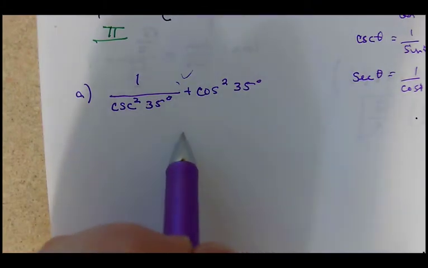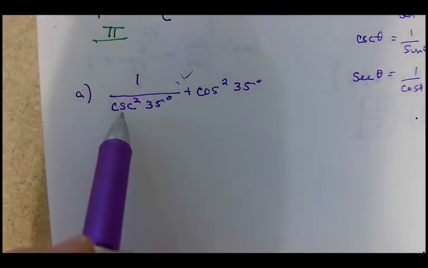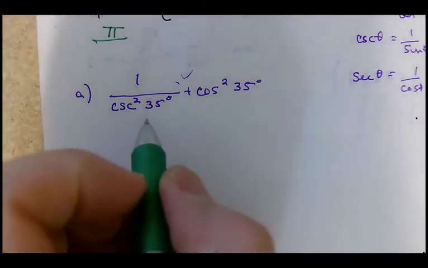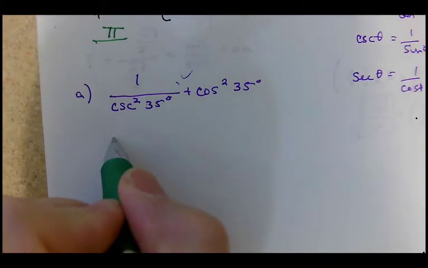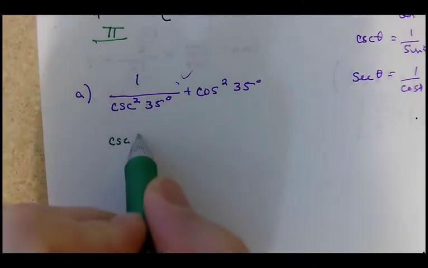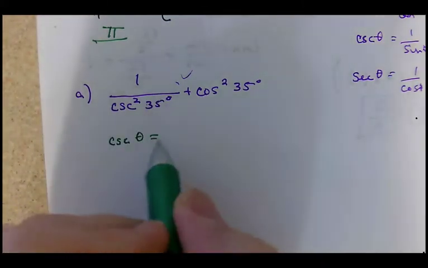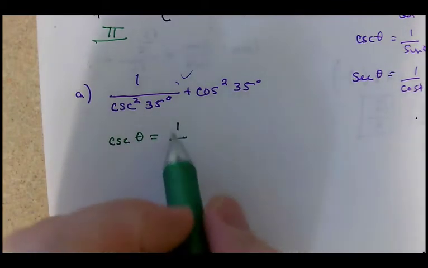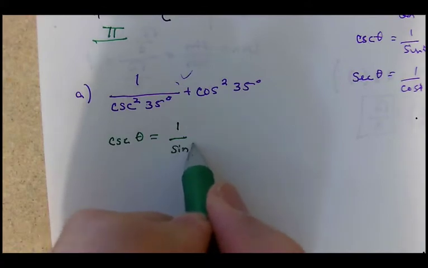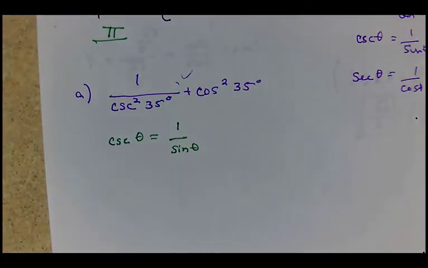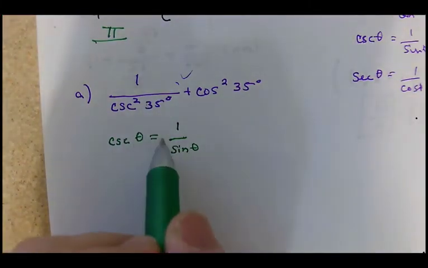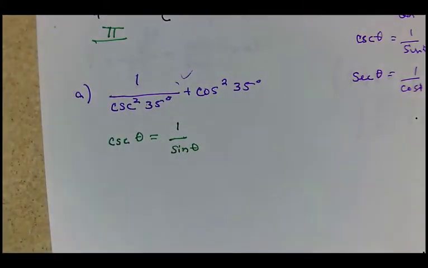So how are we going to solve this? Well, the first thing I know when I think about my identities is we have one identity that says cosecant squared of theta is equal to 1 over the sine squared of theta. With that being said, let me rewrite this equation.